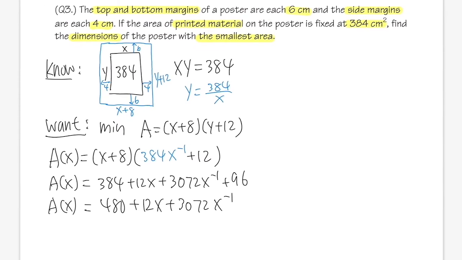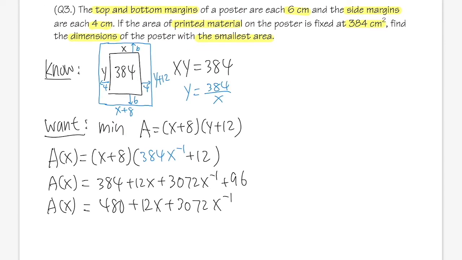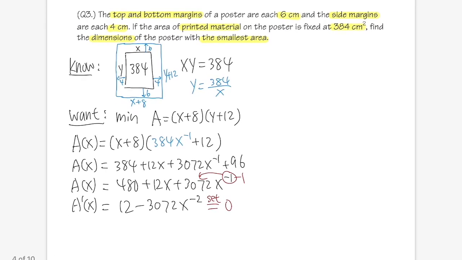With that being done, we can go ahead and take our derivative. A prime of x. This will give us 0, this will give us 12, and then the last part, put the power to the front, minus 1. We will get minus 3072 x to the negative 2. Same thing, set this to be 0, and then we are going to solve for x.